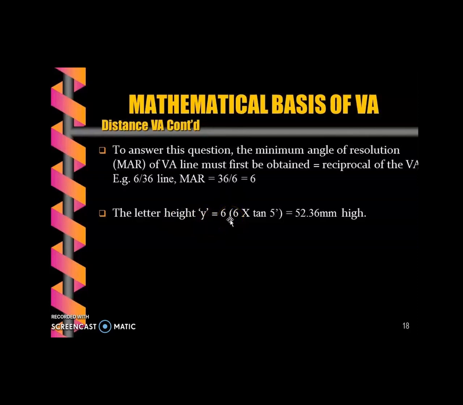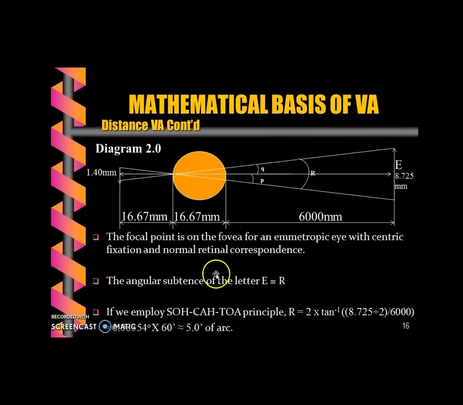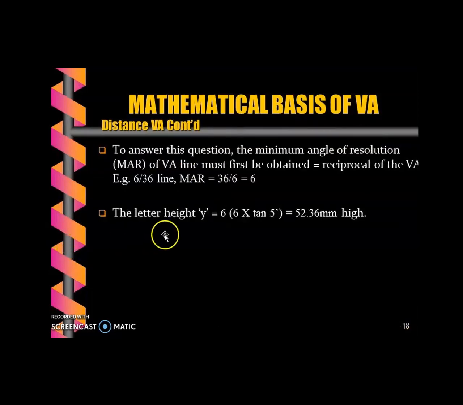Now we have to substitute in our previous formula, the one we got before through SOHCAHTOA, where R will be equal to 2 tan x and then these values. So having gotten our MAR to be 6, our letter height y will be equal to 6 multiplied by 6 tan 5, which is equal to 52.36 millimeters high.